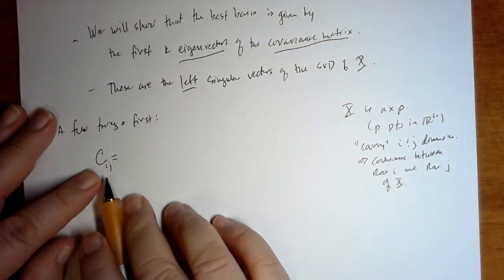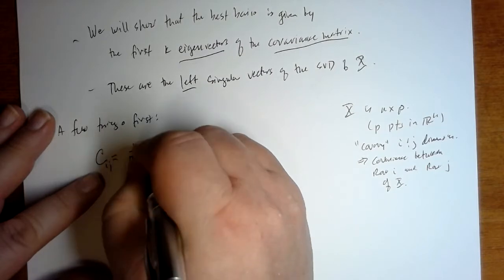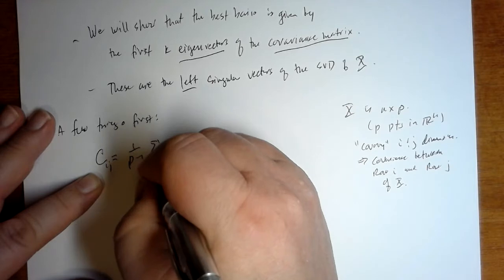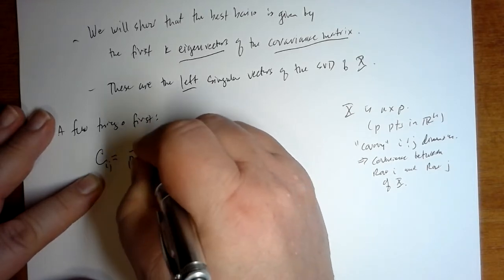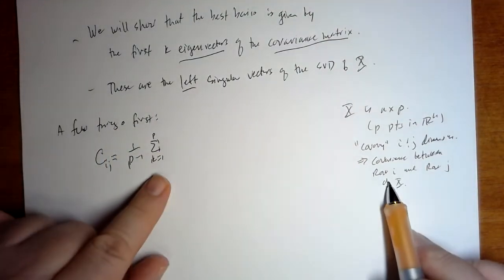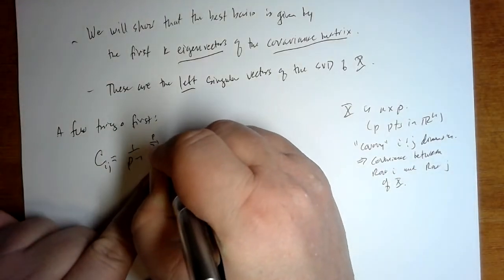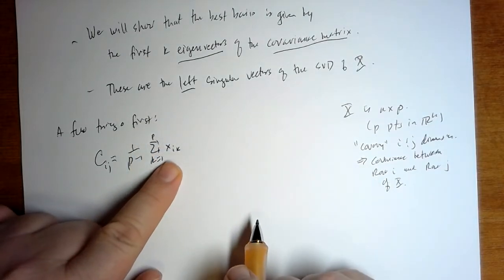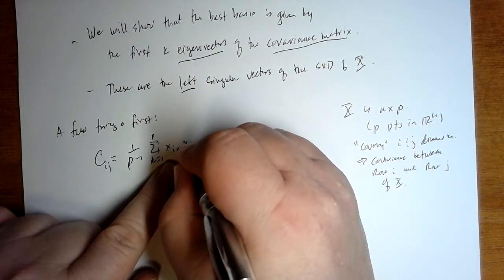And so therefore the covariance matrix is going to be 1 over p minus 1 times the sum from k equals 1 to p. Now I'm covarying row i and row j. So what are the elements in row i? That would be x_ik, the kth element of row i, times x_jk.